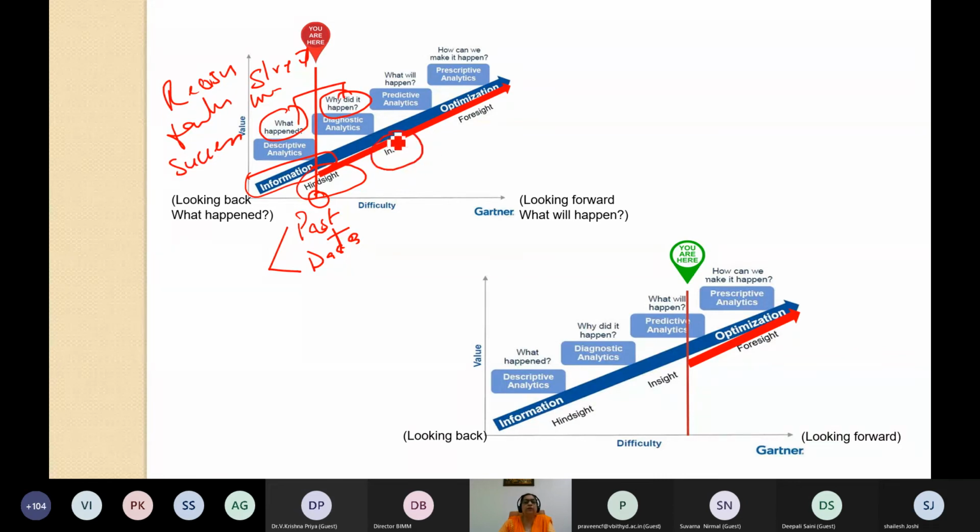What has to be done, what has not to be done, so that it helps you in predicting the future. If you do this, what's going to happen? If you don't do this, what's going to happen? So you develop some insights from the data. And finally, once you have developed the insight, then you go for predicting or forecasting.